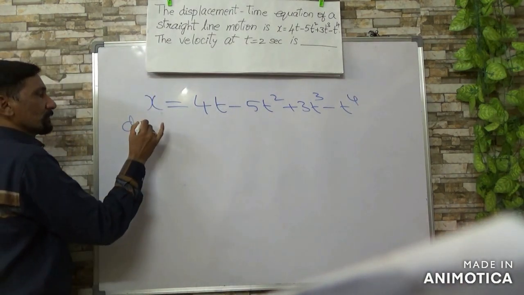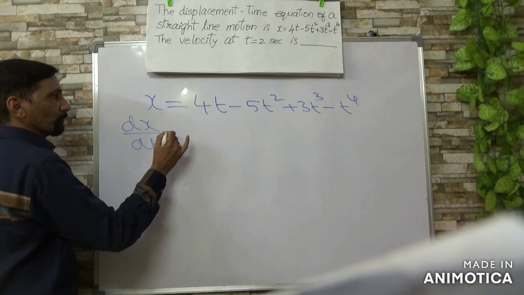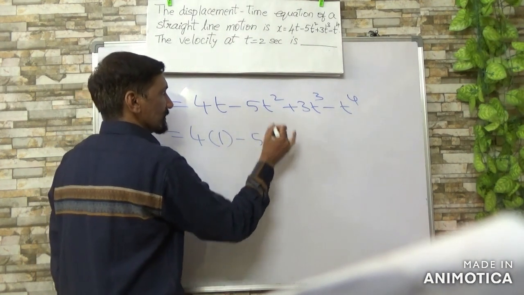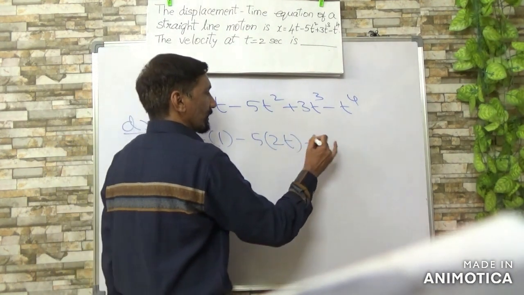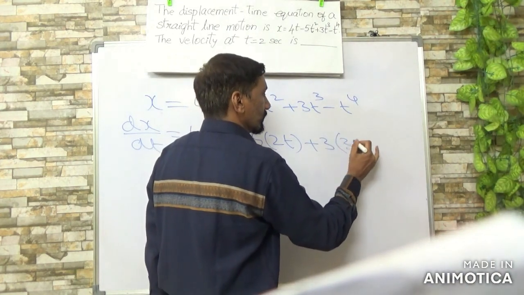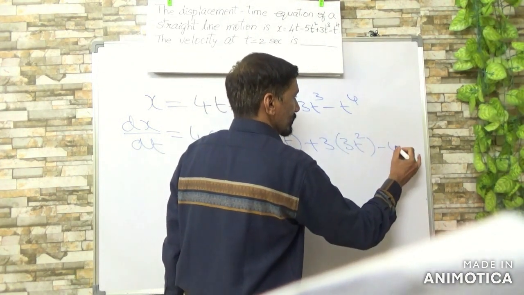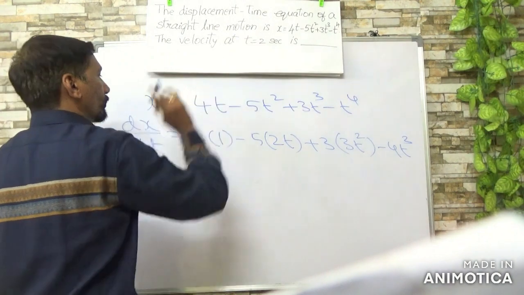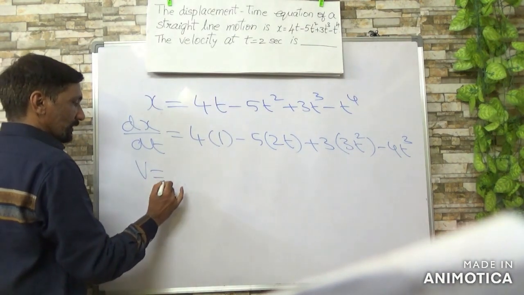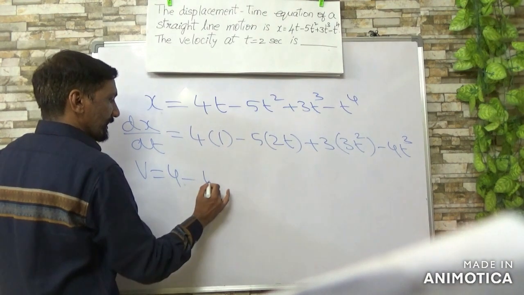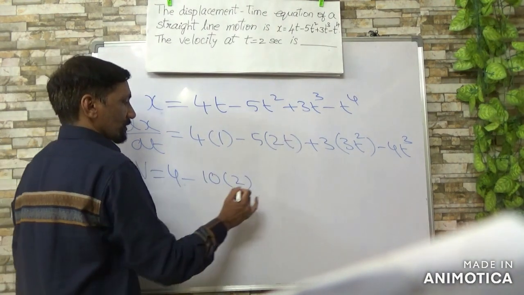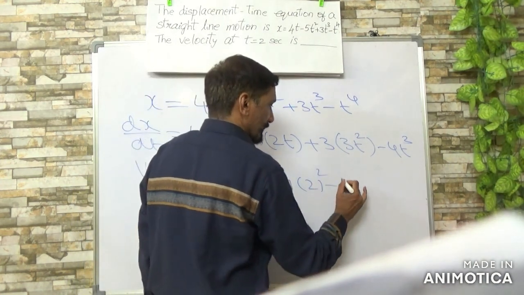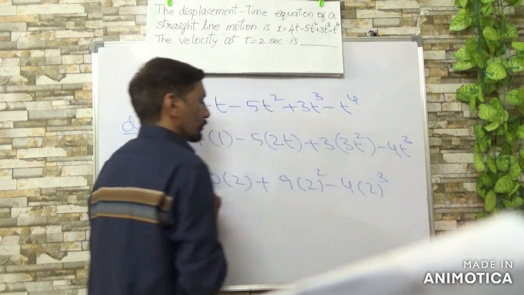So differentiating displacement with respect to time: 4 into the differential value of t, 1, minus t square, 2t, plus 3 into t cube, 3t square, minus 4t cube. You want to find it at t equal to 2 seconds. So 4 minus 10 into 2 plus 9 into 2 square minus 4 into 2 cube.